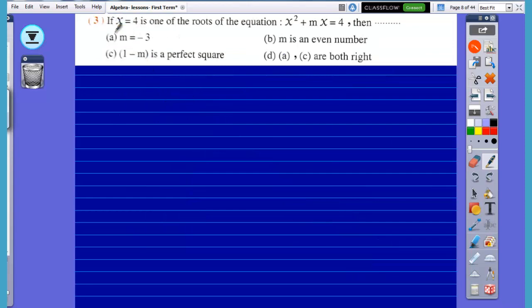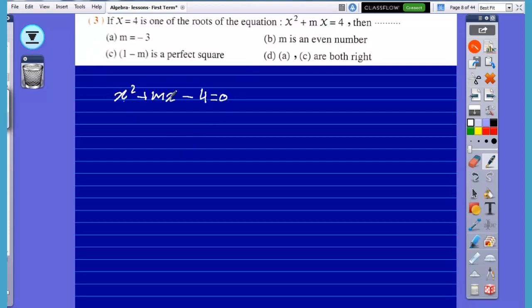Here we have, if x equals 4 is one of the roots of the equation x² + mx - 4 = 0.